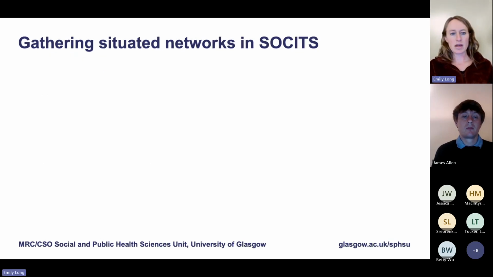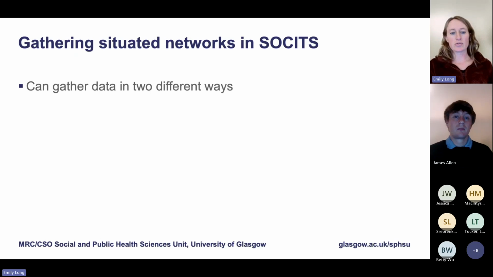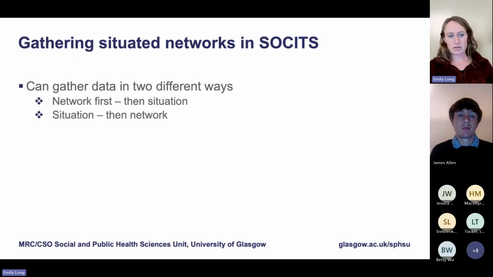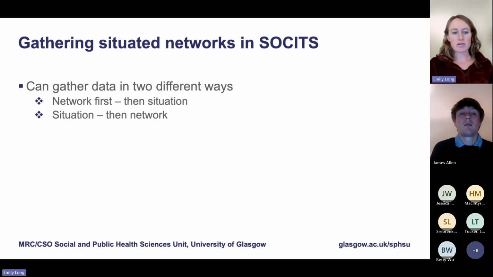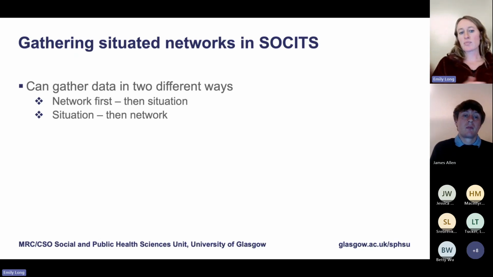Then to capture our situated networks, we talked through two different ways of doing this and spent quite a bit of time trying to determine which would be best for our students. So you can either ask the network first, so like we did, you know, who are your friends in the school, so you can gather the names, and then you can provide them with a list of situations and ask them who from that network shows up in those situations.